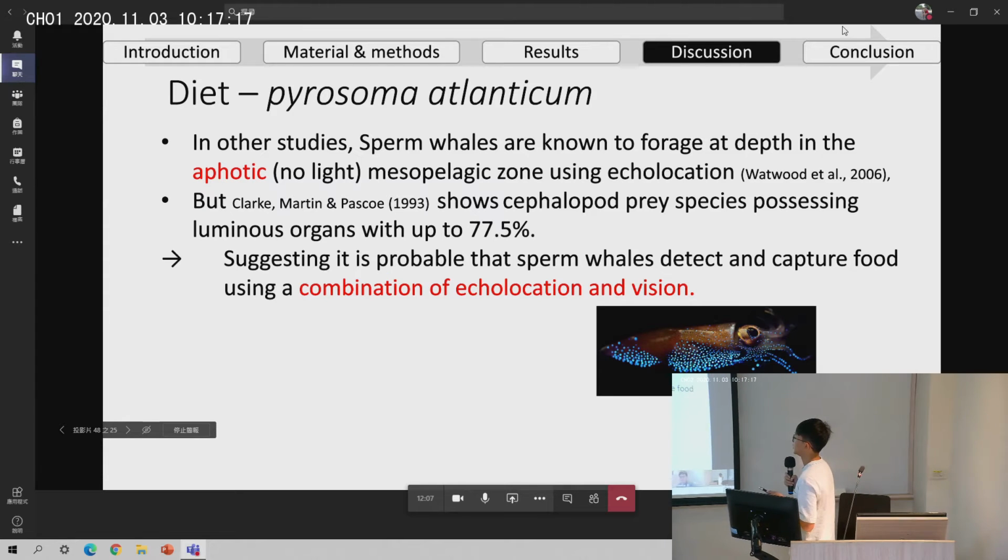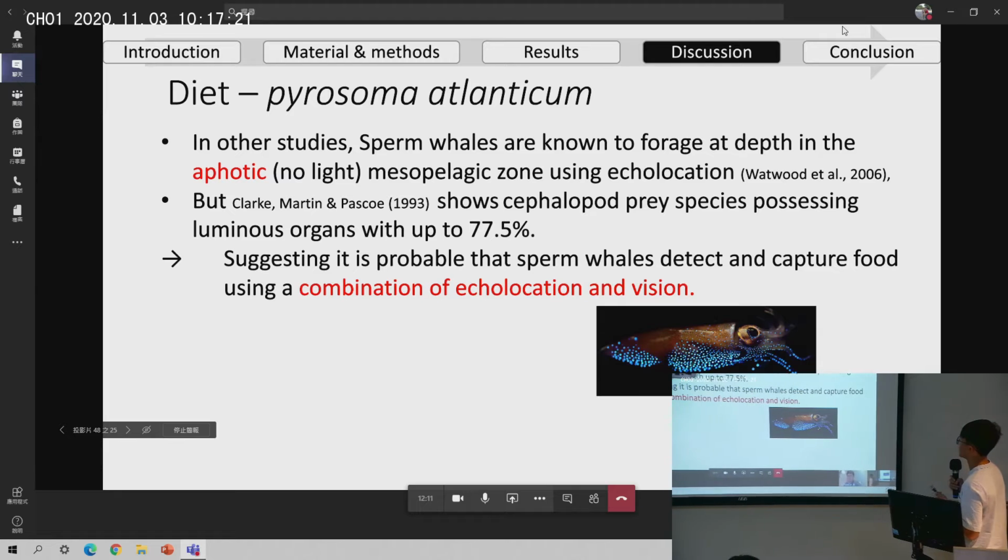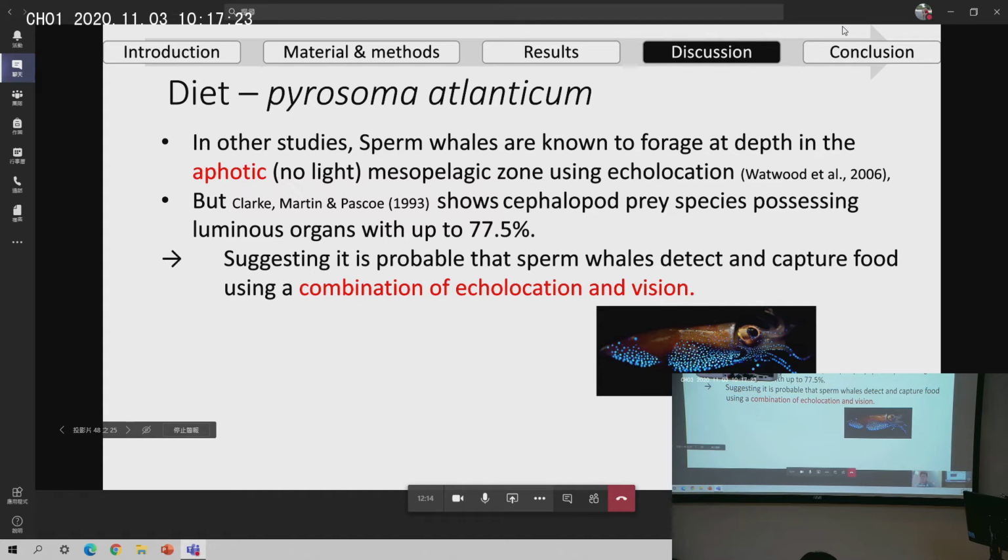And what do they eat? Pyrosoma atlanticum. In our study, sperm whales are known to forage at depths in the aphotic mesopelagic zone, reaching by echolocation. But this paper shows cephalopod species possessing luminous organs with up to 77.5%.